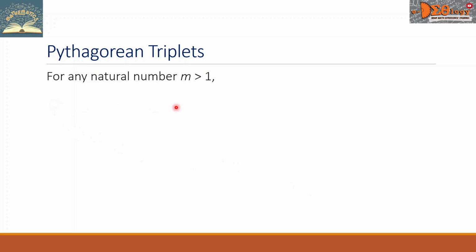In general, we have it like this. For any natural number m that is greater than 1, we have this Pythagorean equation. The square of 2m plus the square of the quantity m square minus 1 is equal to the square of m square plus 1.